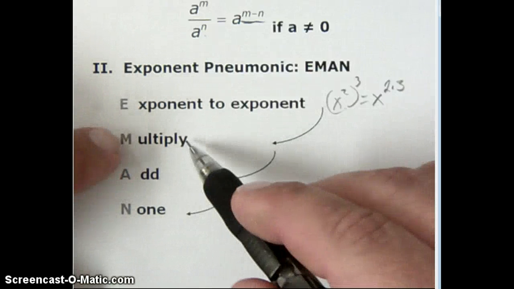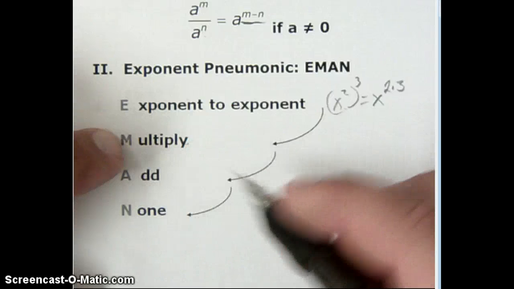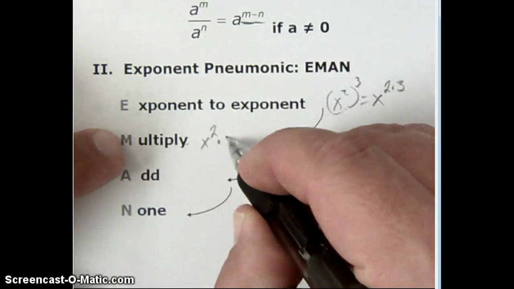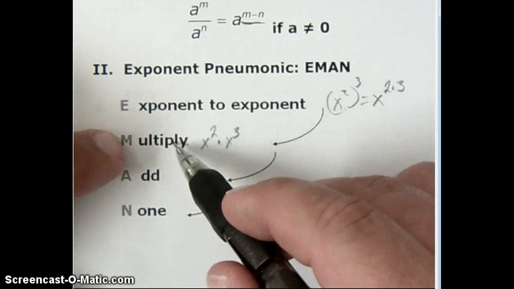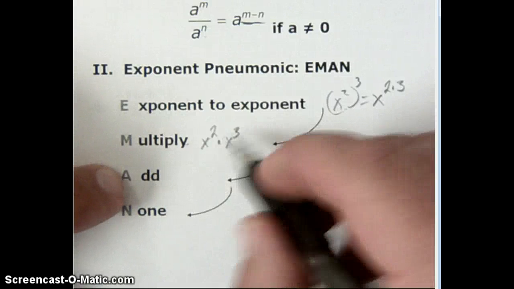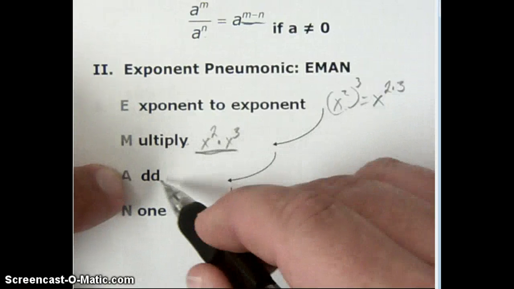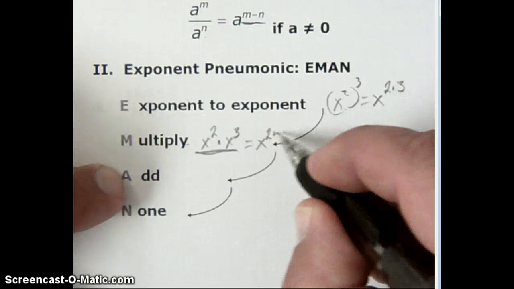If I come up to a problem that looks like the multiply law of powers, like x squared times x cubed, E-man says the very next letter after the M in E-man is the add. Sure enough, that's what we're supposed to do. So if I find myself at this kind of problem, E-man says we add the two exponents.